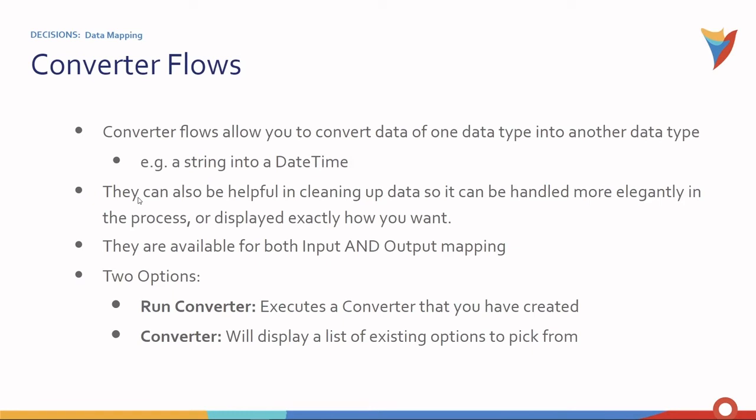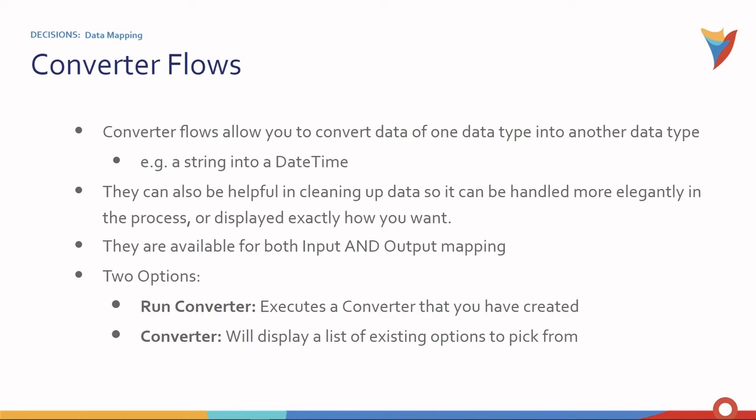And to dive just a little bit deeper into converter flows, they allow you to convert data, as I mentioned, of one data type to another. They can also be helpful in cleaning up data, so it can be handled more elegantly in the process or displayed exactly how you want. They are available for both input and output mapping.